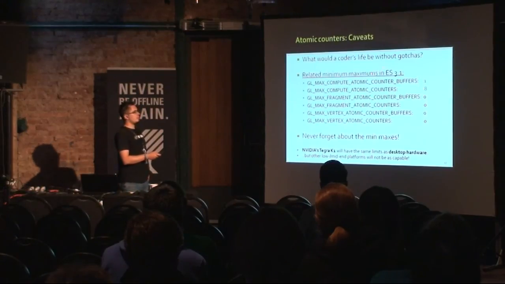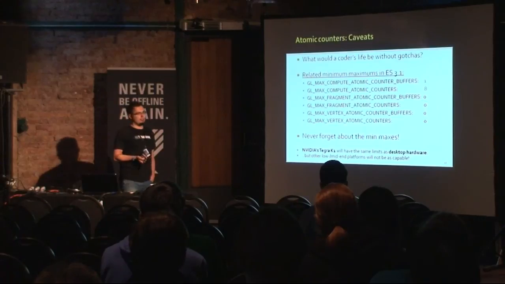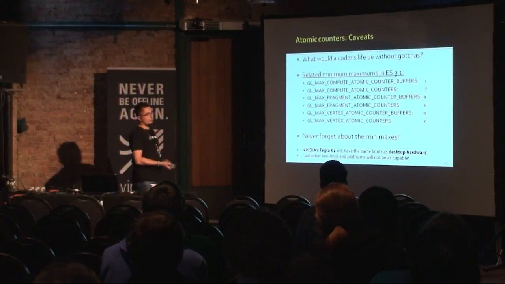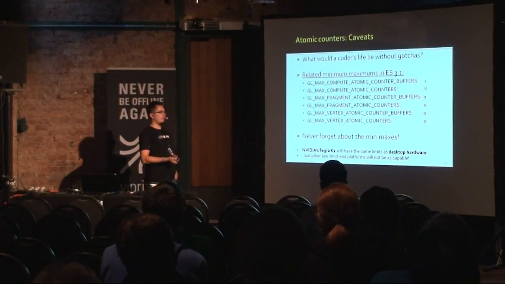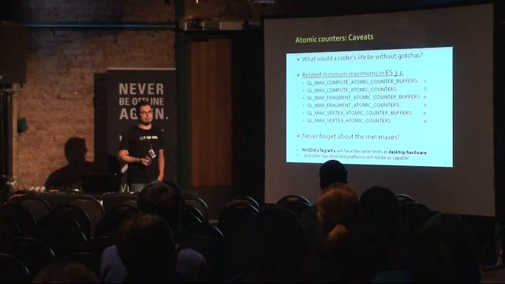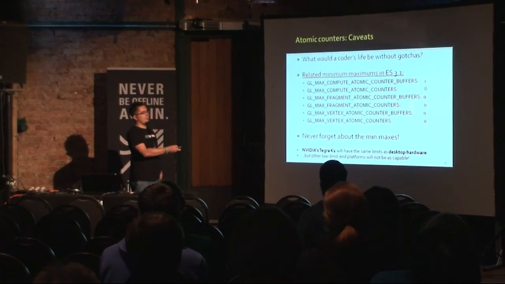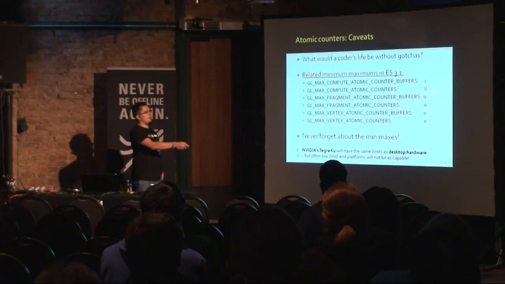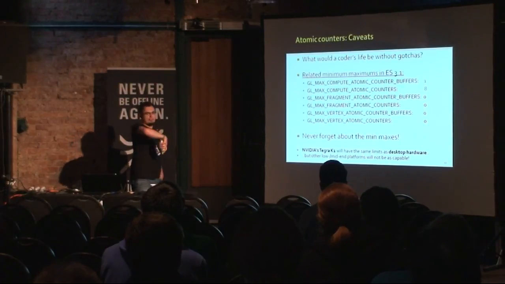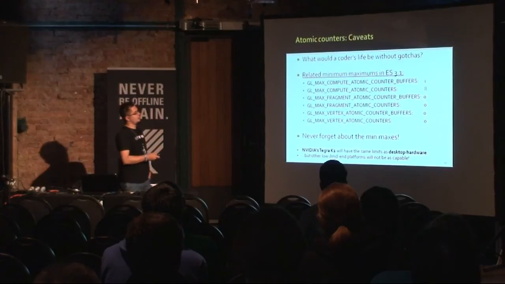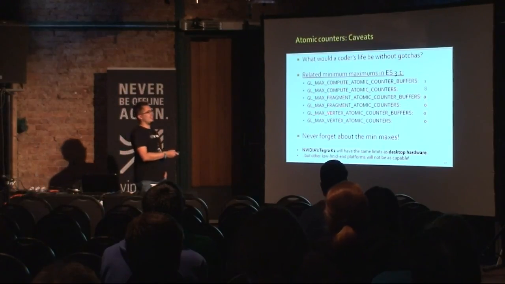The idea of minimum maximums in this spec is that all implementations of OpenGL or OpenGL ES that are conformant with the specification must meet these constraints. I mean, the values that they return must be at least as specified. They can be larger.